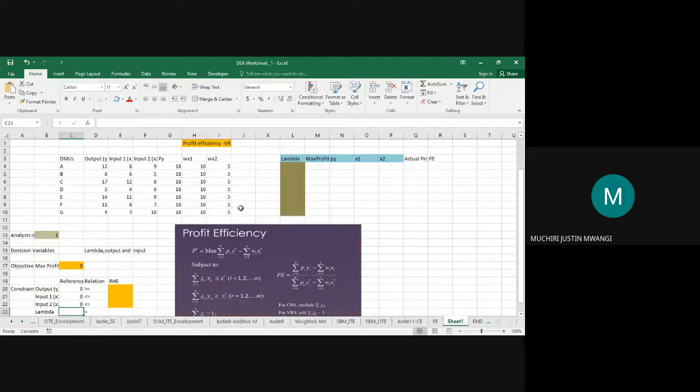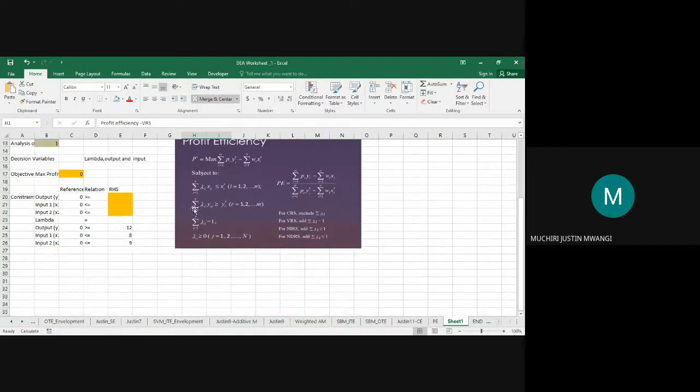Remember, we are using VRS, variable returns to scale. We ensure that the summation of the lambdas should be equal to 1.